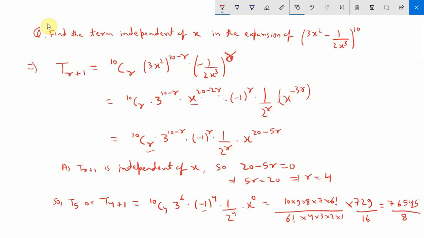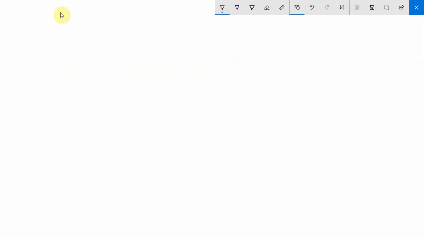Next we will see another application. Write down the problem. In the binomial expansion of (a plus b) to the power n, the coefficients of the 4th and 13th terms are equal to each other.